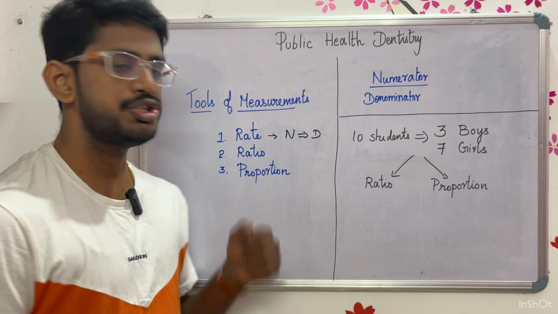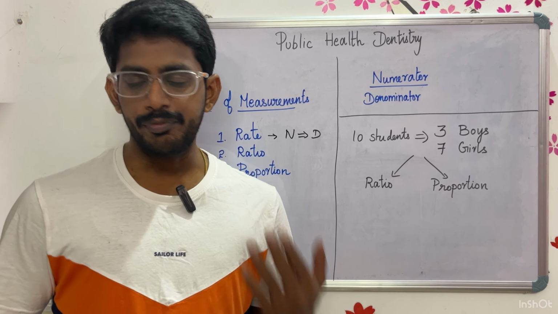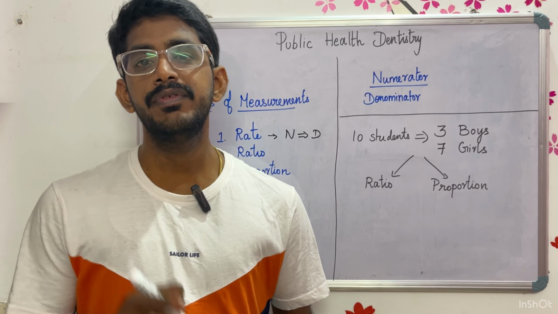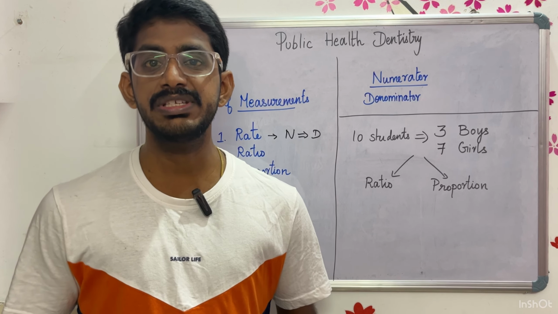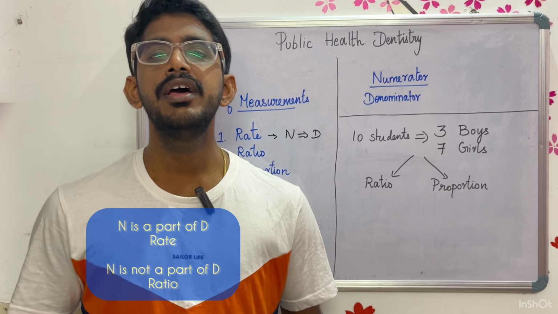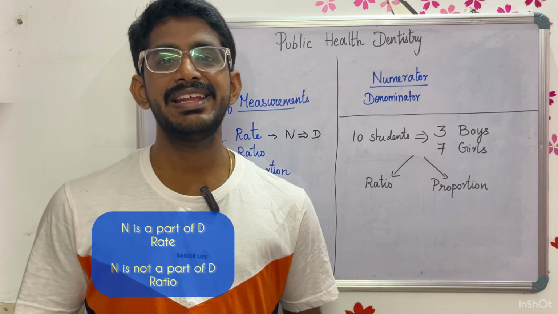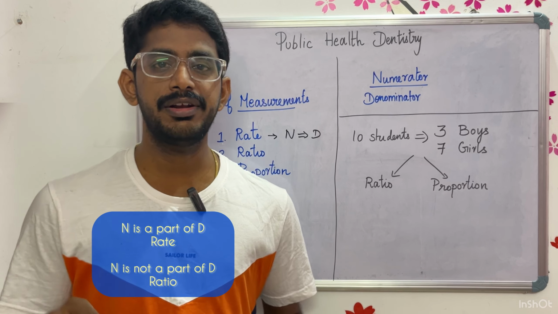Next, ratio. A ratio is a tool of measurement. It is an expression for comparison of two quantities in which a numerator in a ratio is not a part of the denominator. Remember, in rate, numerator was a part of denominator, whereas in ratio, numerator is not a part of denominator.